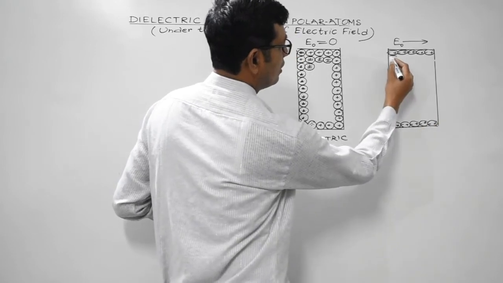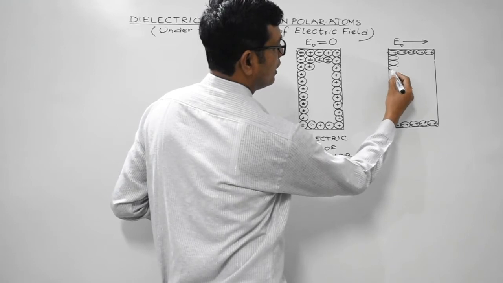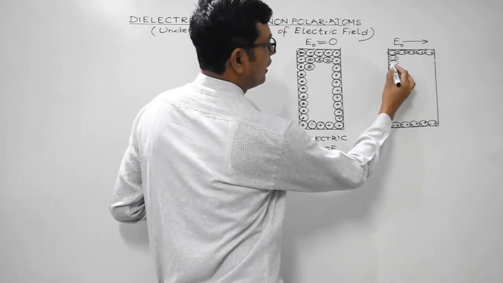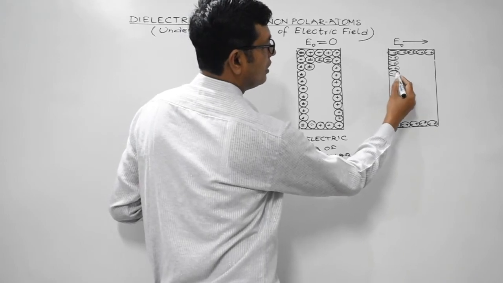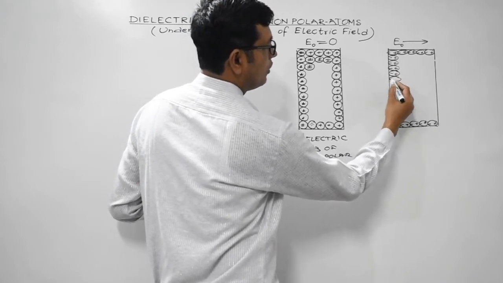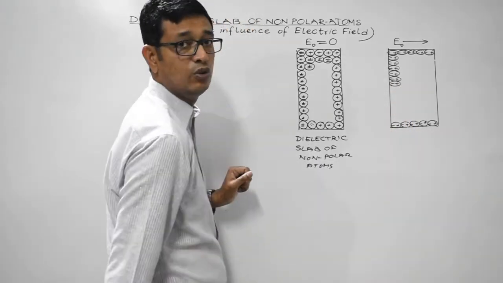Now it will not be spherical, it will be like this. Due to the finite separation between the center of gravity of the positive and the negative charge, each atom will develop its own dipole moment. So the dipole moment will get induced.